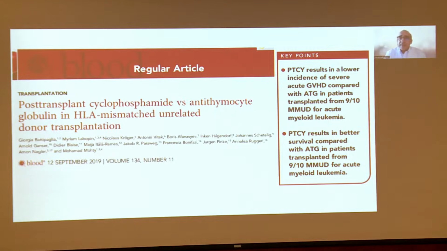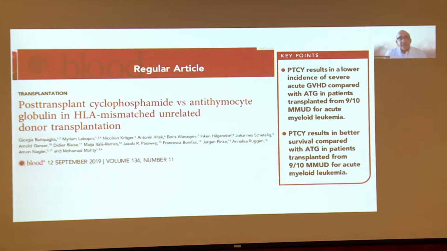transplant is able to decrease significantly the incidence of severe acute GVHD compared, for instance, with ATG, which is historically the standard of care. But not only do you have a decreased incidence of severe acute GVHD, but this will translate into a better survival.